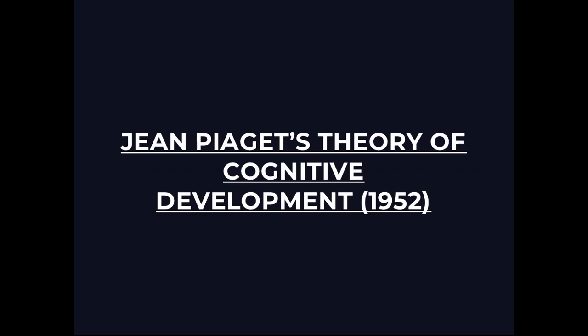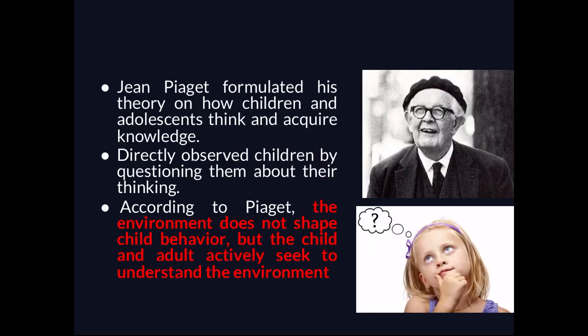So the next important theory is Jean Piaget's theory of cognitive development, given in 1952. Jean Piaget formulated this theory on how children and adolescents think and acquire knowledge. He directly observed children by questioning them about their thinking. According to Piaget, the environment does not shape child behavior, but the child and adult actively seek to understand the environment.